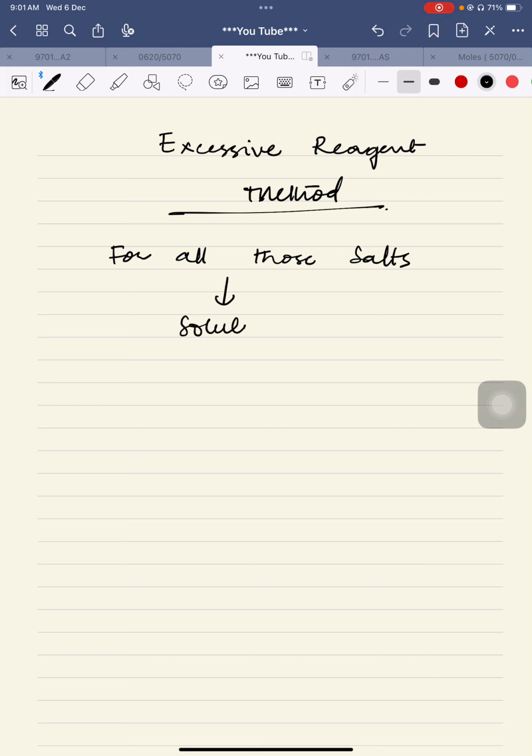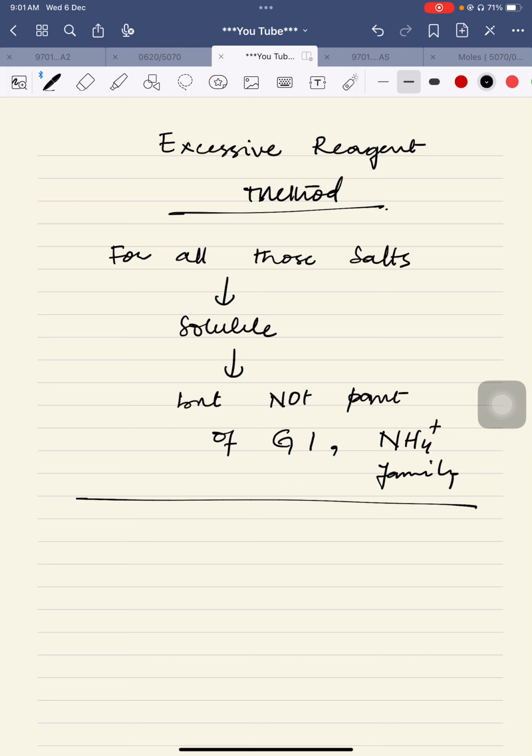Soluble means soluble in water. Soluble but not part of group 1 or the ammonium family. So this is important, that you are going to prepare a water soluble salt, but it is not part of group number 1 or the ammonium family. So remember that it will be prepared by excessive reagent method.